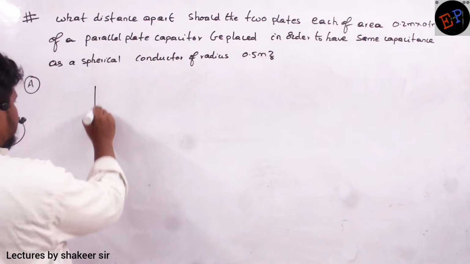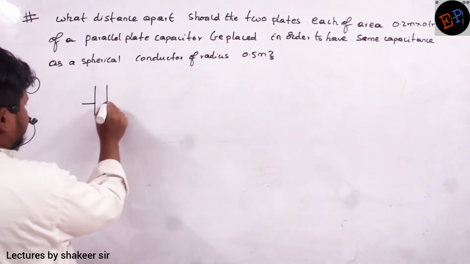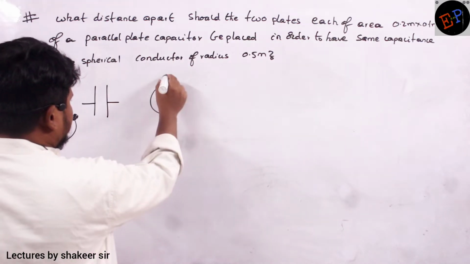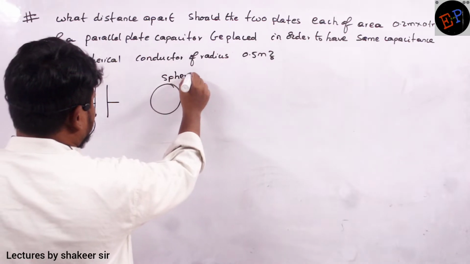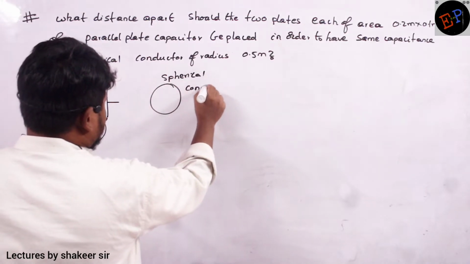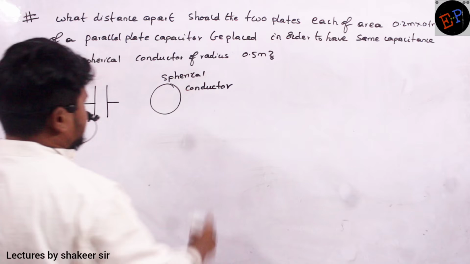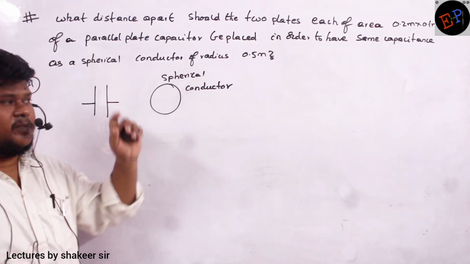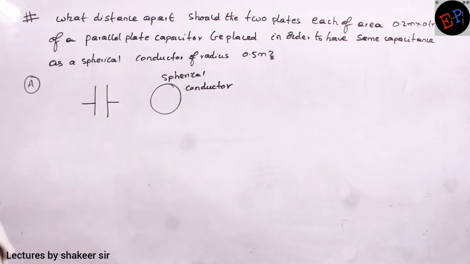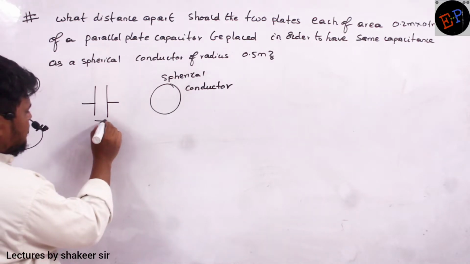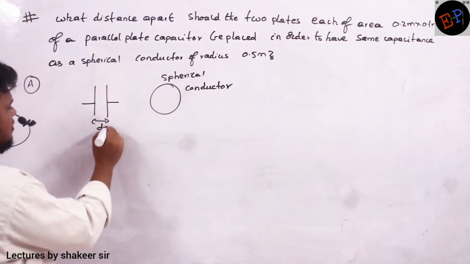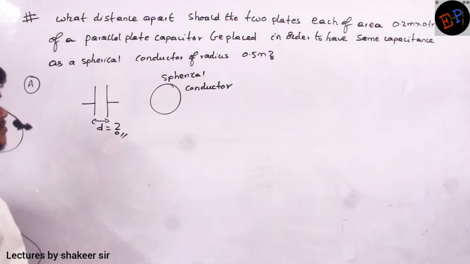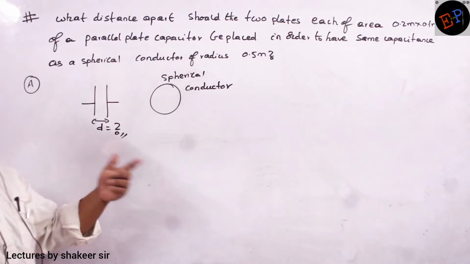So it means this is a parallel plate capacitor and this is a spherical conductor. Both of them should have the same capacitance. So in that condition, these two plates should be separated by how much distance? So this is the question he is asking us. Clear? Can you say how can I do this?